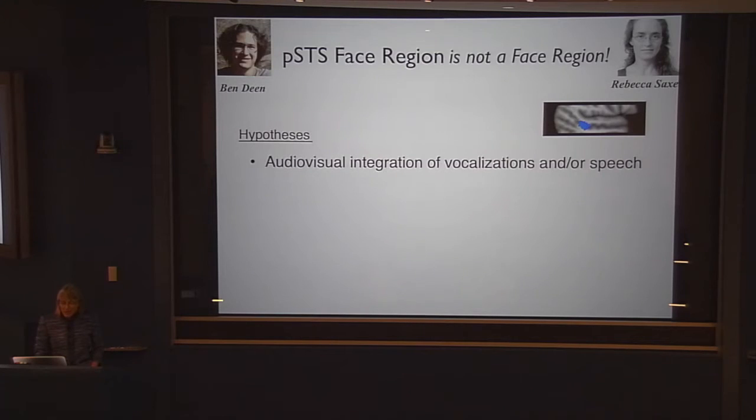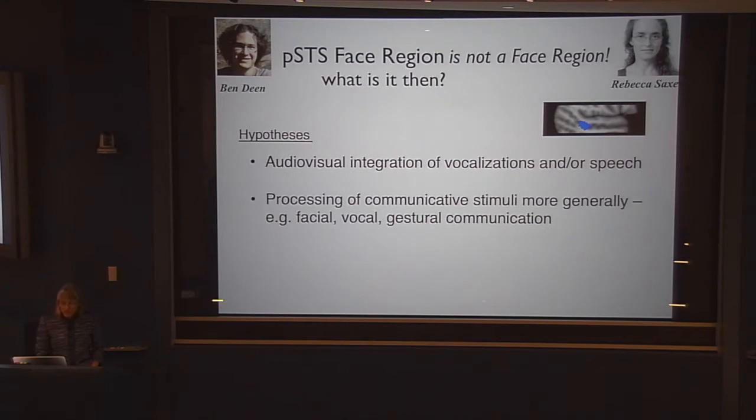The other thought is maybe this region is responding to communicative intent in the stimulus. So when you hear vocalizations, whether speech or non-speech sounds, usually somebody's trying to communicate with you. And if you look at faces, very often they're trying to communicate with you with their face, whether they're speaking or not. And so that seemed like a good hypothesis.